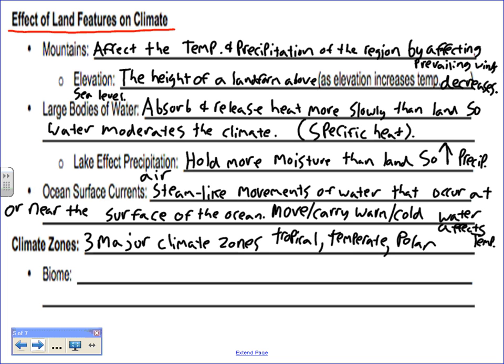And we spent a lot of time on this in class. And a biome is a large region characterized by a specific type of climate. Remember, climate is long-term, and certain types of plant and animal communities.